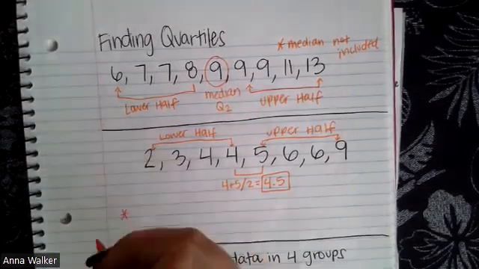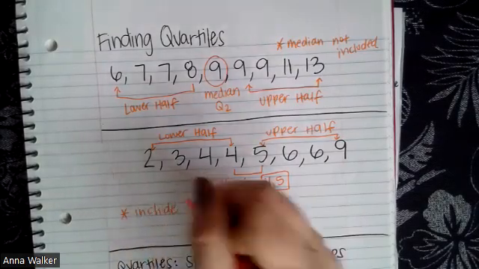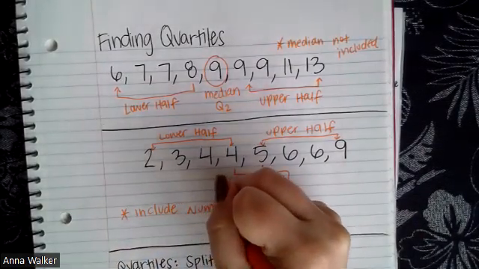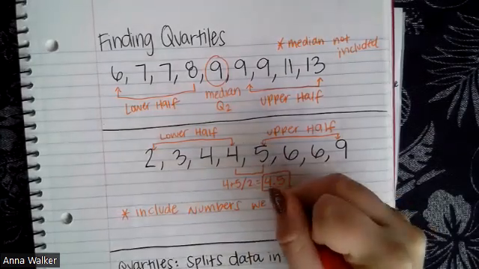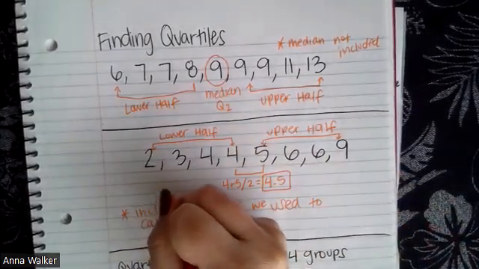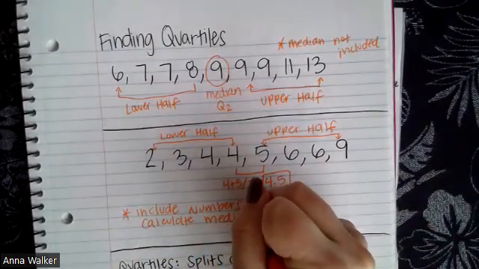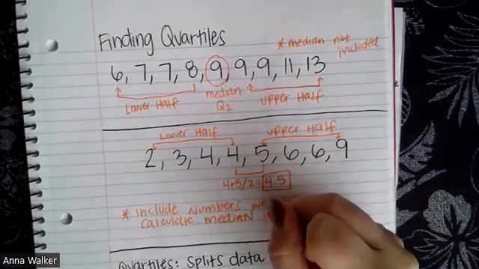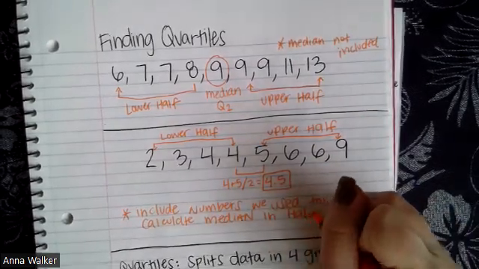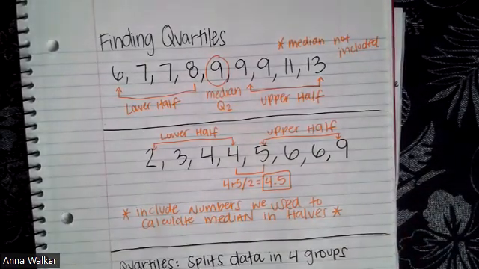So we can make a little note: include numbers we used to calculate median in the halves. So this is how we distinguish the upper and the lower half of the data.